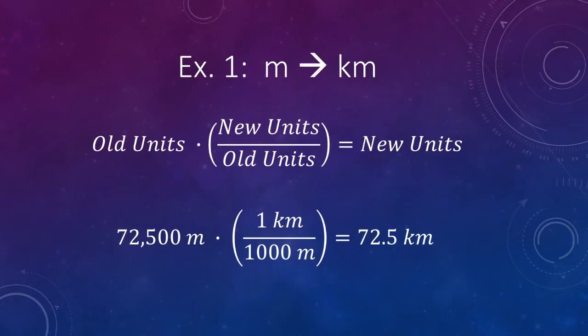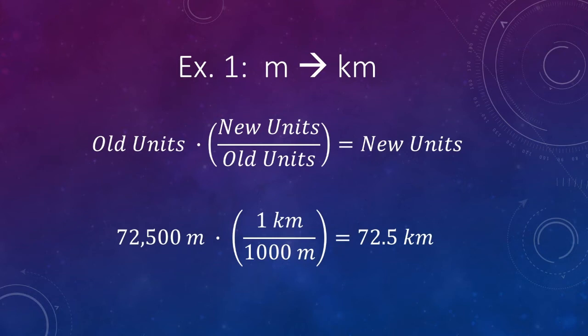So to start, let's go from meters to kilometers. So our old units are meters and our new units are in kilometers. And let's say we start off with 72,500 meters. So we want our new units of kilometers on top and our old units of meters on the bottom.